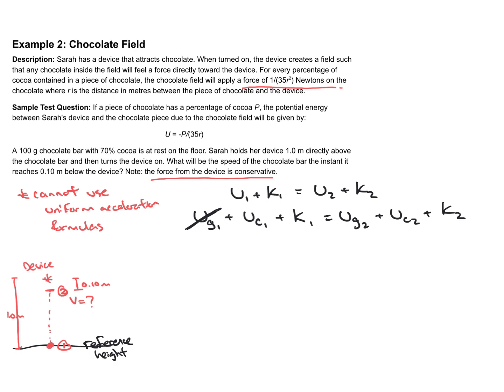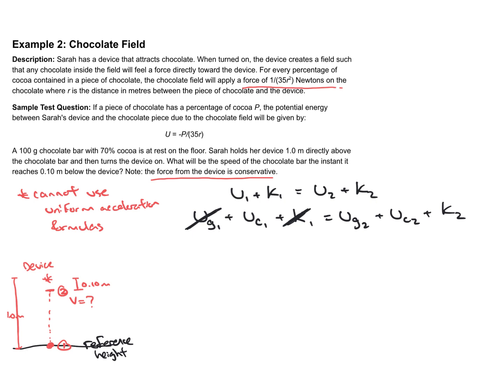Furthermore, this chocolate bar starts at rest. Since it starts at rest, the starting kinetic energy is also 0 joules. So my 6-term equation shrinks down to a 4-term equation. I'm going to calculate some of these energies because I have the values for everything.